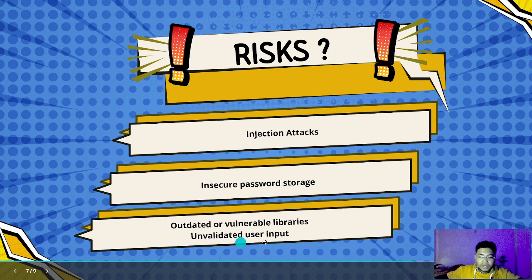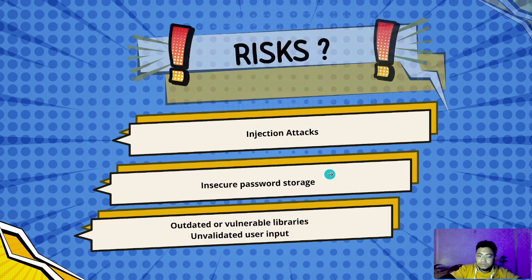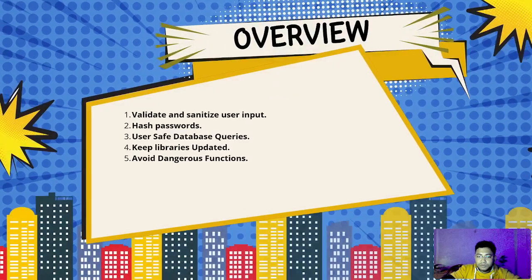Last is unvalidated user input. So if your app doesn't properly check what the user enters, they can mess with that. So for example, an attacker might enter harmful data that crashes your application or steals information. Now the next thing is the overview.